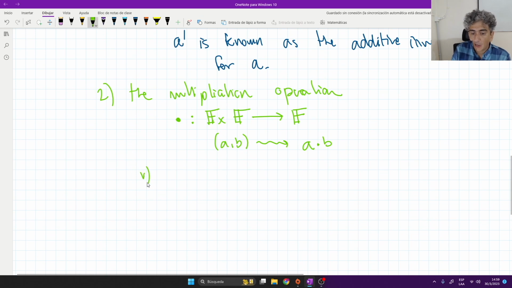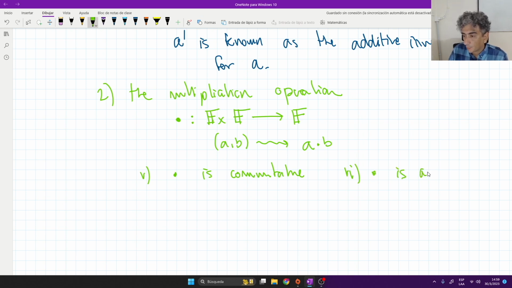So we have number 5, dot is commutative, and 6, dot is associative.